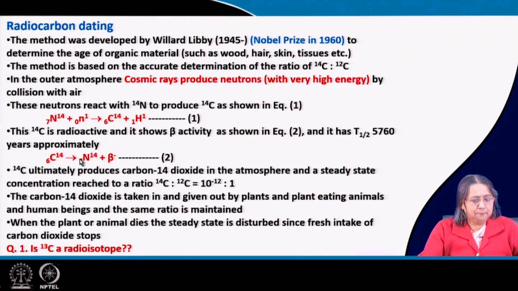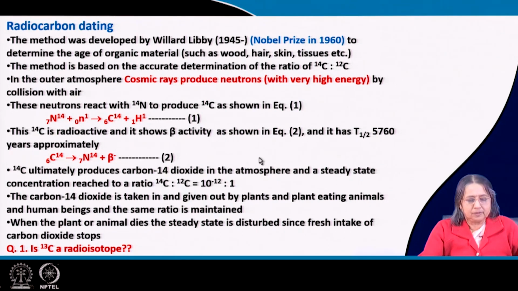Now, what we have seen is that initially the neutron is produced by the cosmic rays in the outer atmosphere, then this neutron reacts with the nitrogen to form carbon 14, which is radioactive, and this carbon 14 produces nitrogen 14 plus beta.